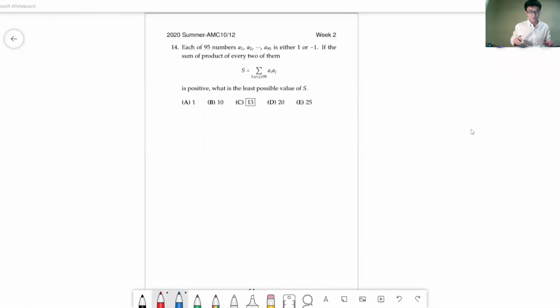Okay, let's do problem 14. We have 95 numbers, either 1 or minus 1, and the following sum of products is positive.